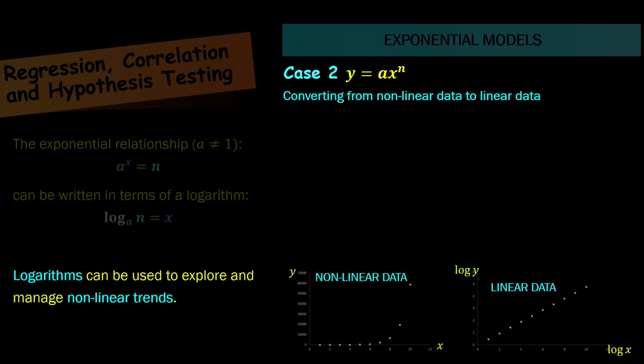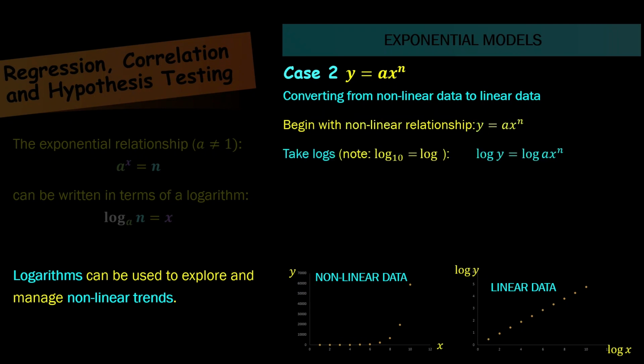Now let's take a look at another non-linear relationship, y equals ax to the power n. How do we convert this to a linear relationship? So let's begin with y equals ax to the power n, and then take logs. So this gives us log y equals log ax to the power n.